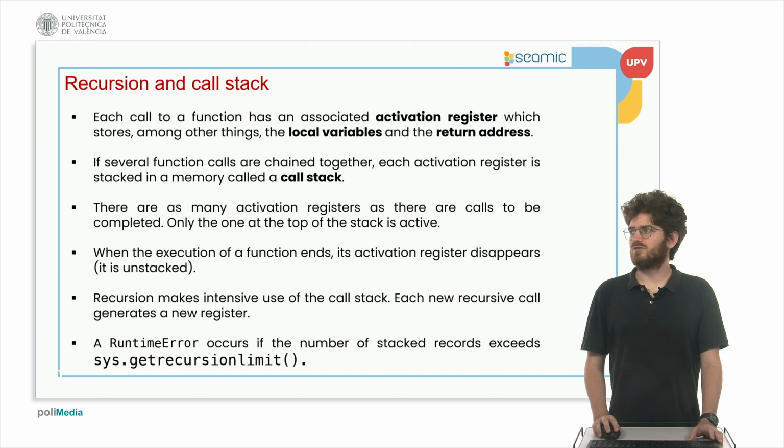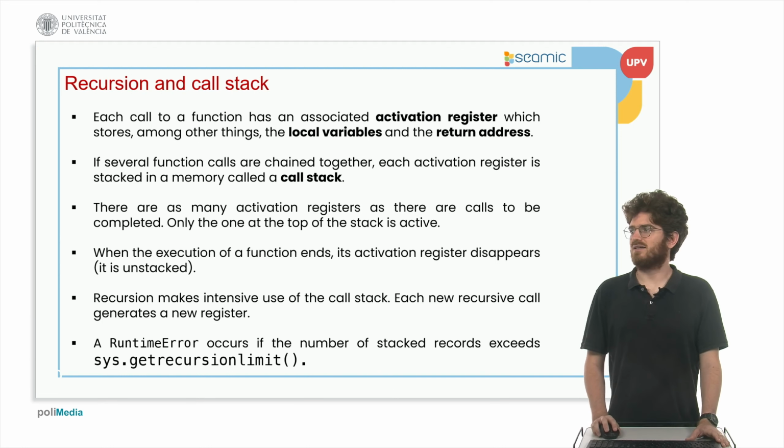We are only interested in the top of the stack because that is the only function that is going to be executed. And every time we use recursion, we accumulate many values on the call stack. If we need, for example, 10 calls to solve the factorial of 10 with a recursive implementation, then we'll need 10 activation registers on the call stack to solve that problem.